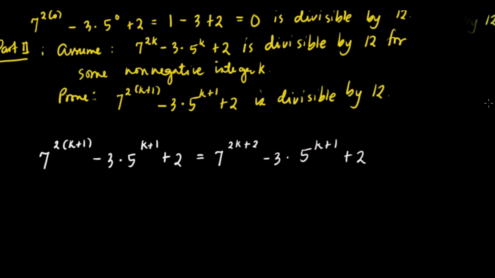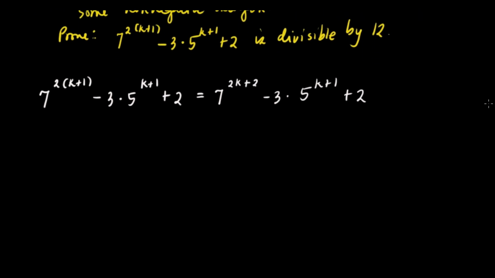And I can write this as 7 squared times 7 raised to 2k. Kasi same base and then we add the exponent. Minus 3 times this one, 5 raised to k plus 1, I can write that as negative 3 times 5 times 5 raised to k, kasi this is 5 raised to 1. Plus 2.